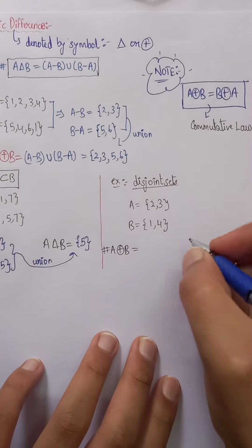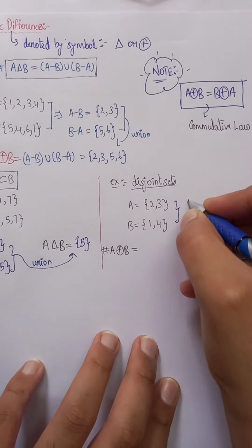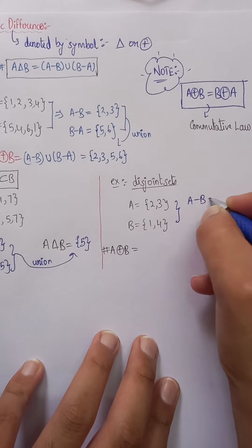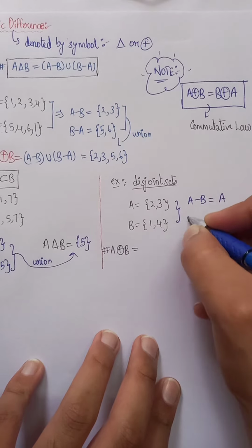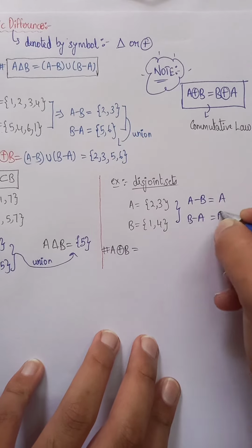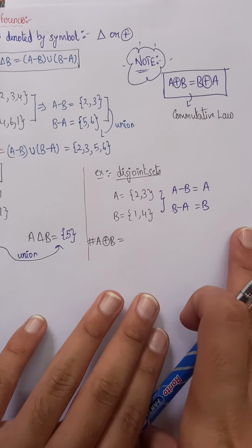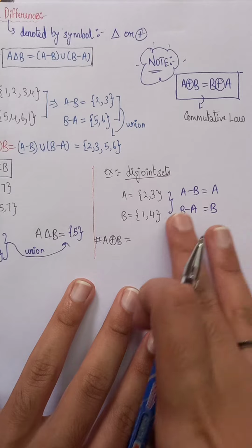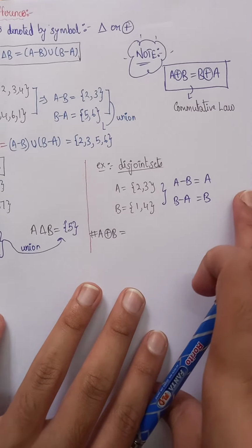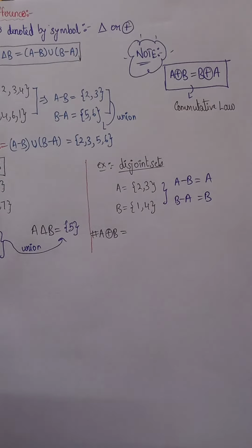In that case, if you do A minus B you get A, and if you do B minus A you get B. How did we get this? I explained it in the last lecture, so please do watch the lectures accordingly. If you skip the first two lectures and come directly to the third lecture, then you will not understand.